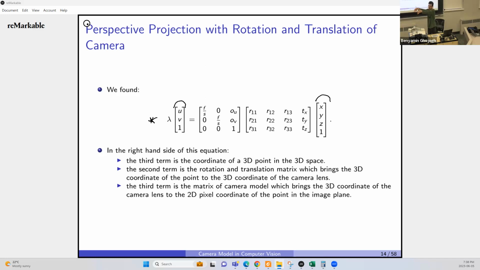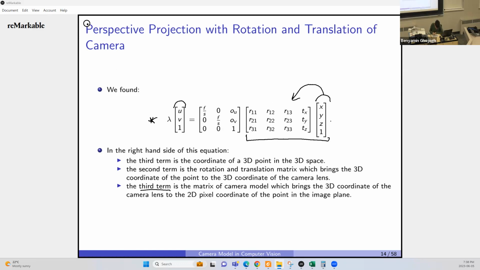The 3D object. So it's showing how the 3D object maps to the 2D image using these two matrices. Let's talk about these matrices. What are they doing? By this, what are we doing?